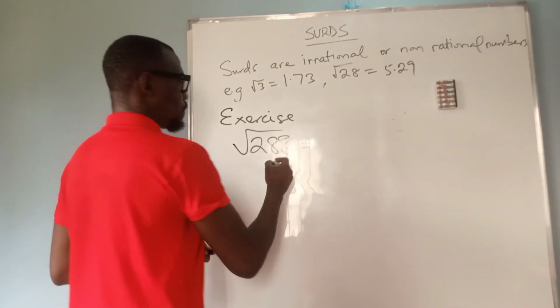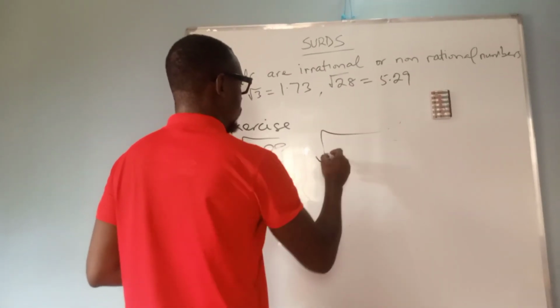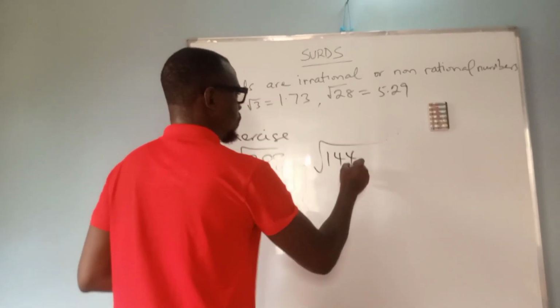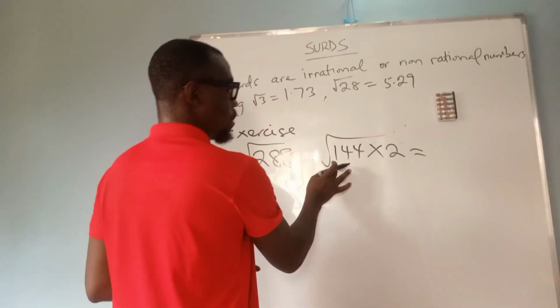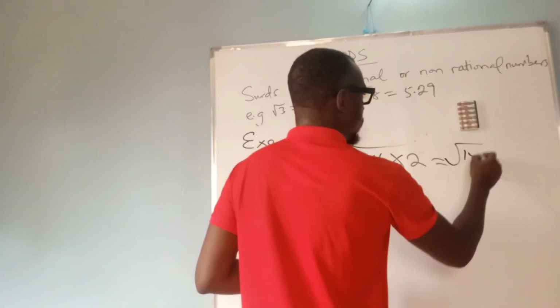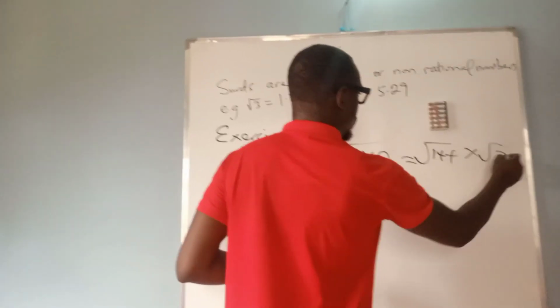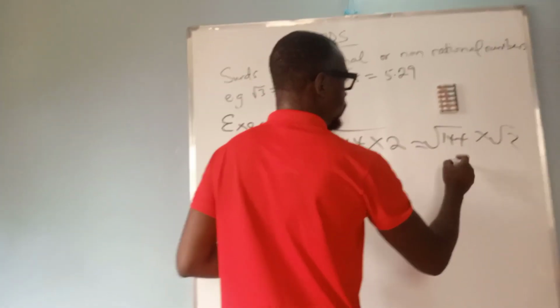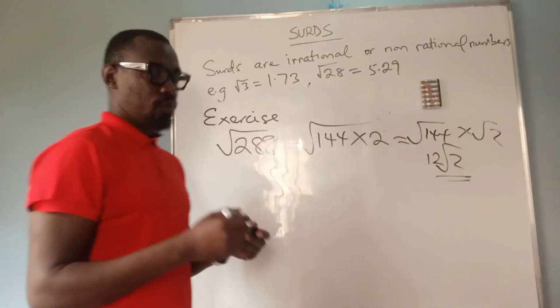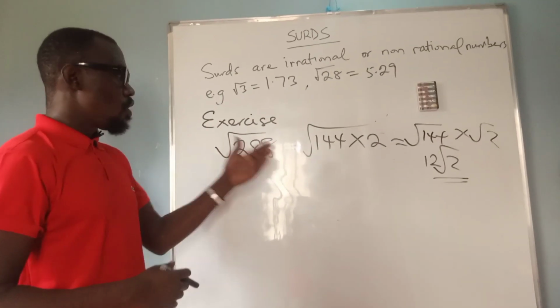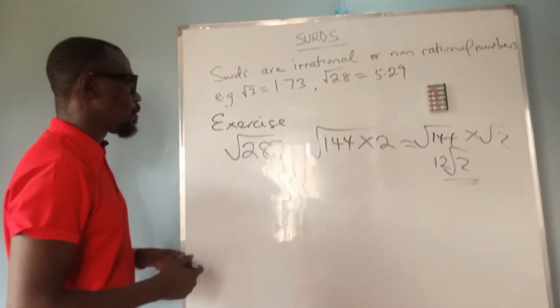It's a very simple one. Now you can say 144 times 2, and this is a perfect square, which is what? The square root of 144 times square root 2. This one will give you 12, which is what? 12 root 2. We can go on and on.